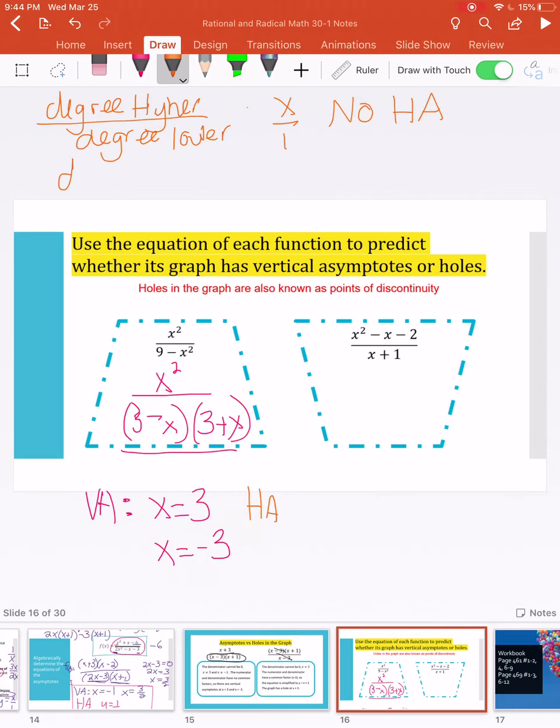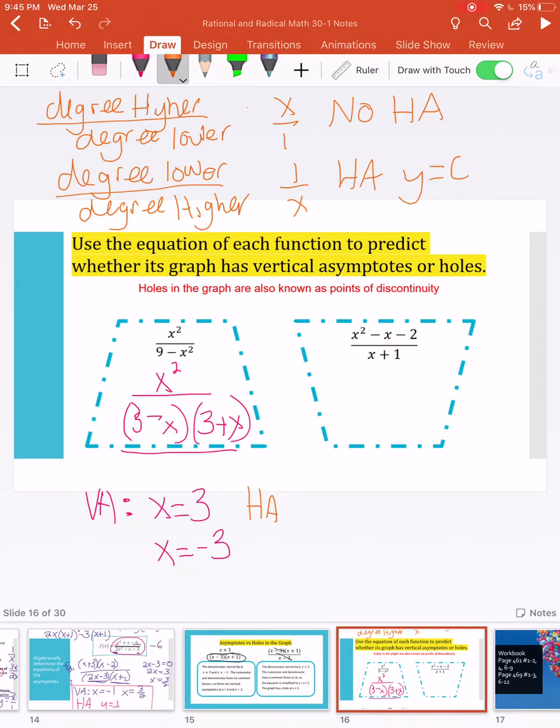If the degree of the denominator is higher, such as 1 over x, we have a horizontal asymptote where y equals 0.